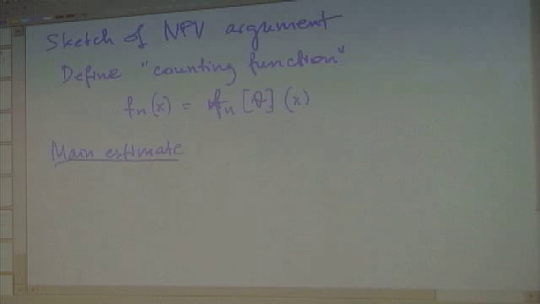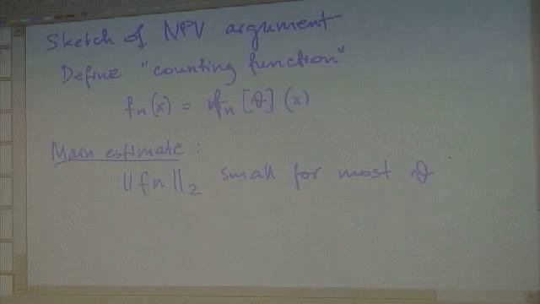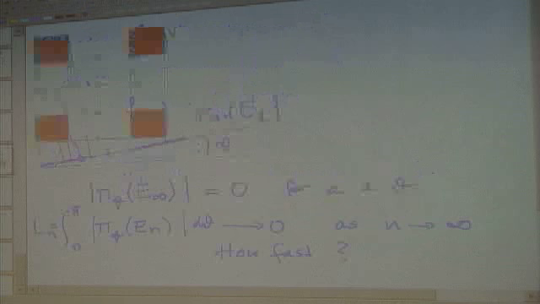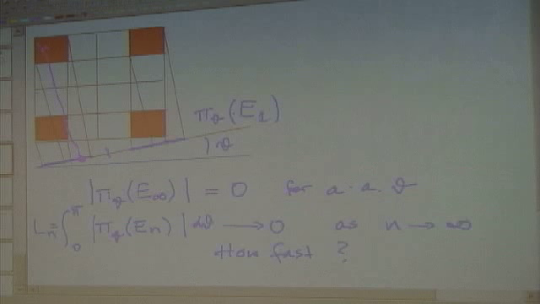Basically, it says that the L2 norm of Fn is small for most values of theta. I'm going to write that out more precisely in a minute. The reason why this is supposed to be good is that, take a look at this picture here.